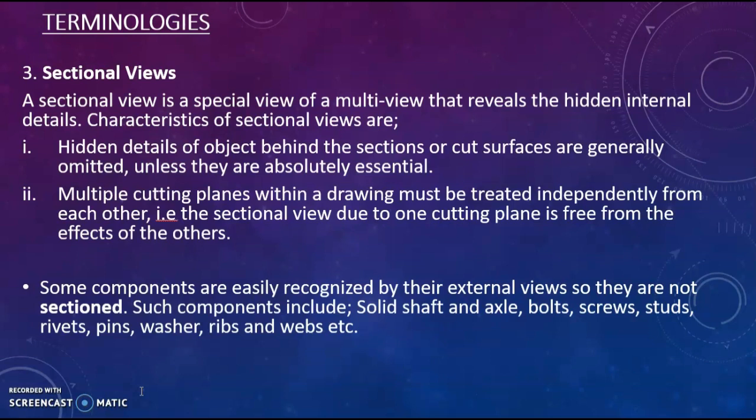In this study of sectioning, we are trying our best to omit, reduce, or even eradicate these hidden lines or hidden details. So one characteristic of the sectional view is that the hidden details of the object sectioned are omitted.